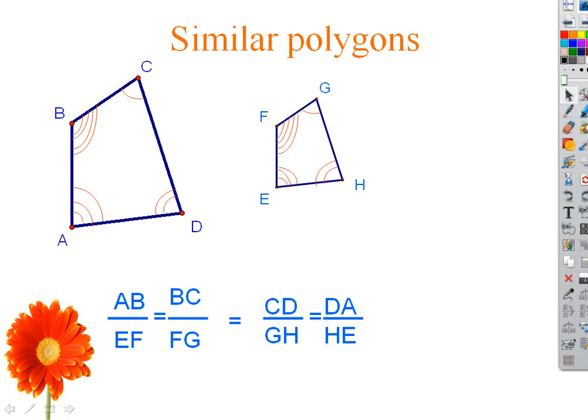The ratio of the length of AB to the length of EF is the same as the ratio of the length of BC to FG, which is also the same as the length of CD to GH, etc. Right? See how that works? So we get this whole series of ratio equations.